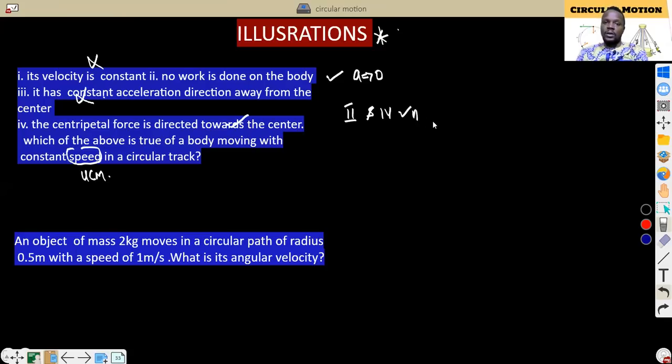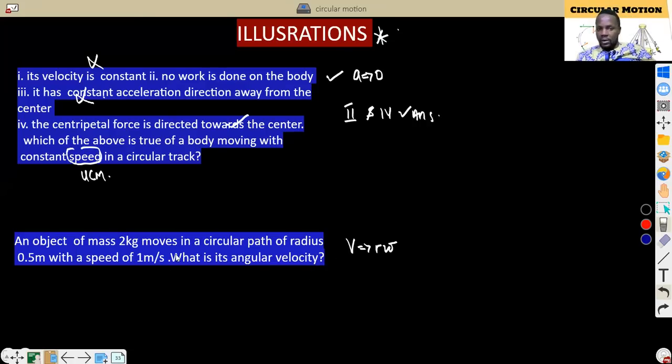That's the question answer. These are basic things that you all can do. The next one I guess is an object of mass 2 kg moves in a circular path of radius this with a speed of this. Calculate the angular velocity. Well, we have learned that v is equal to r omega, taking angular velocity as omega. The speed is given as 1 meter per second, the radius is given as this.